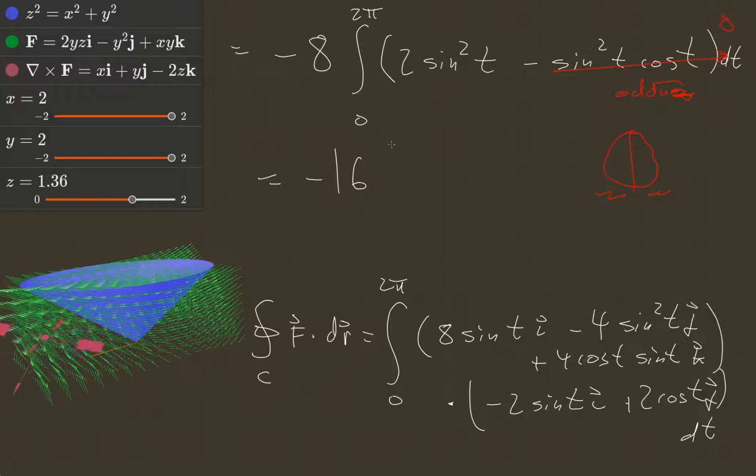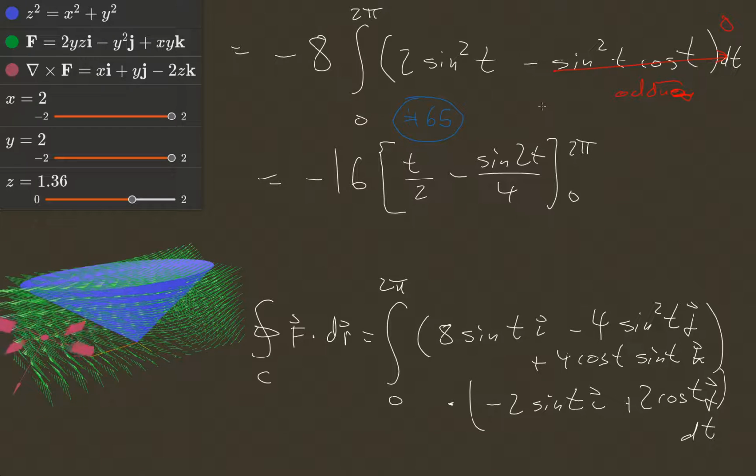By number 65 in the table of integrals in the back of our book, we have t over 2 minus sine 2t over 4, at 2 pi and at 0. And that sine isn't going to contribute anything. So this again is negative 16 pi, as it should be.